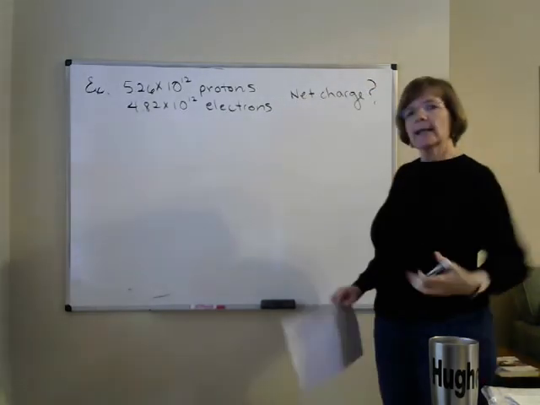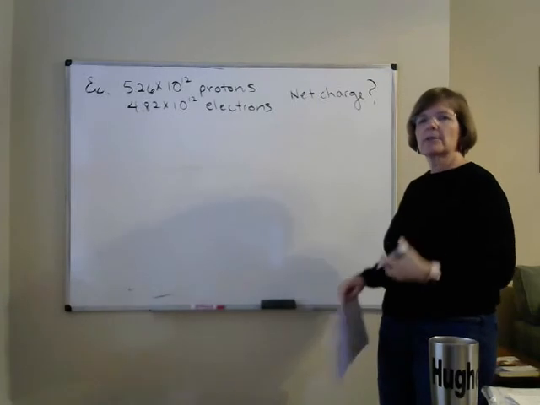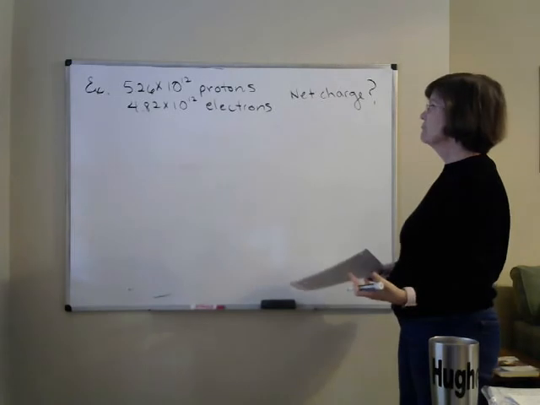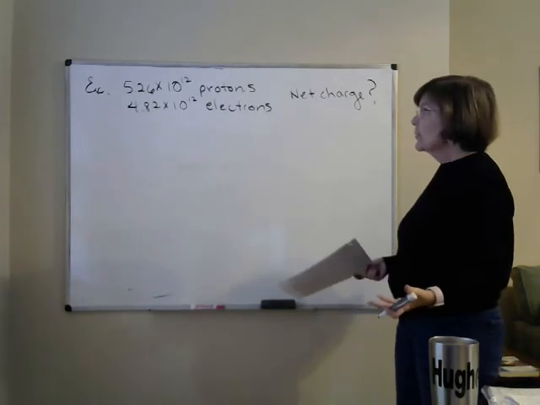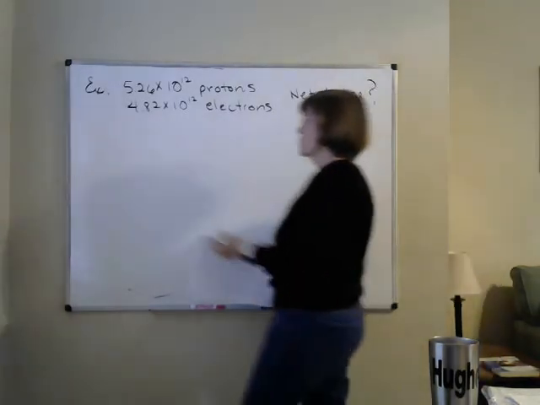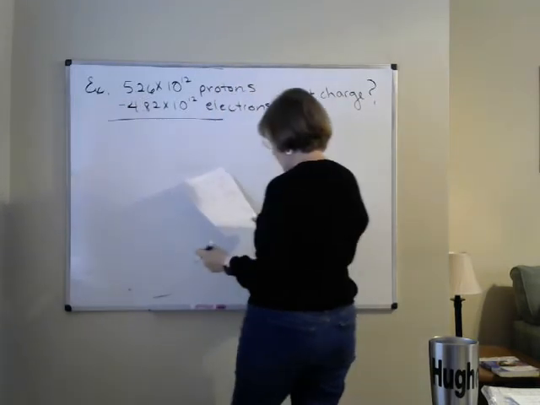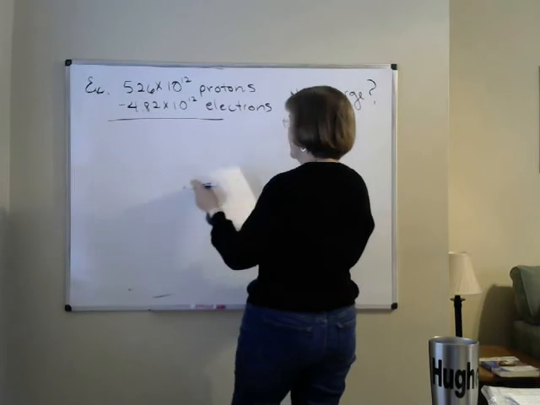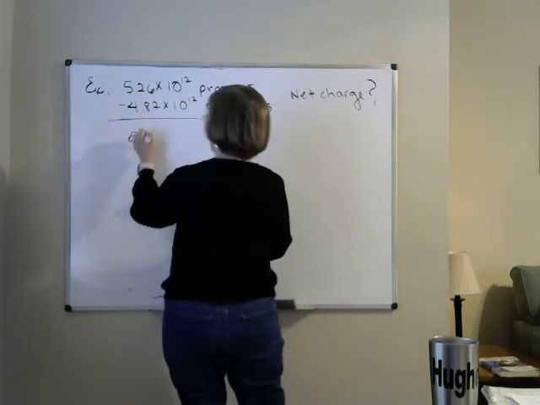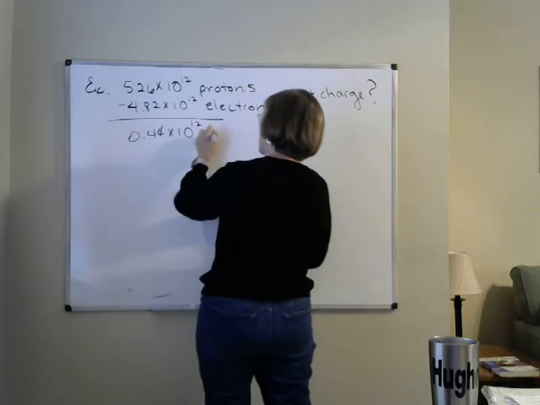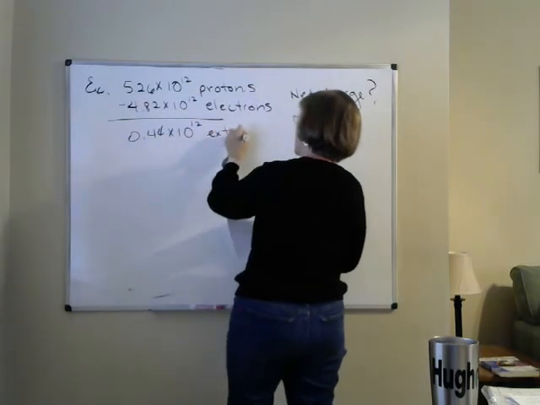Well, I could calculate the charges on the protons and the charges on the electrons first, but I'd rather just figure out, I have more protons than electrons. Let's just subtract. If I just subtract that, I end up getting 0.44 times 10 to the 12 extra protons.